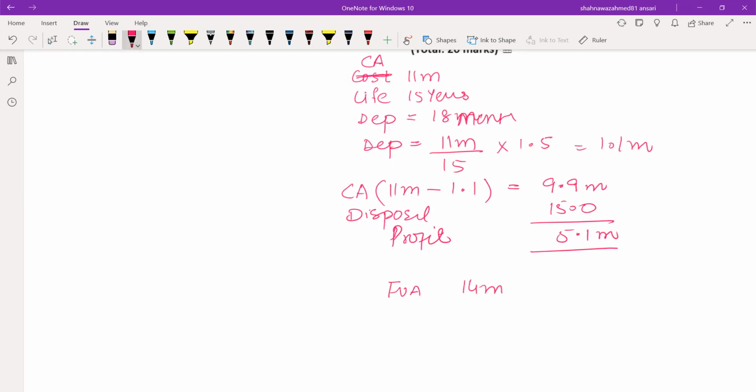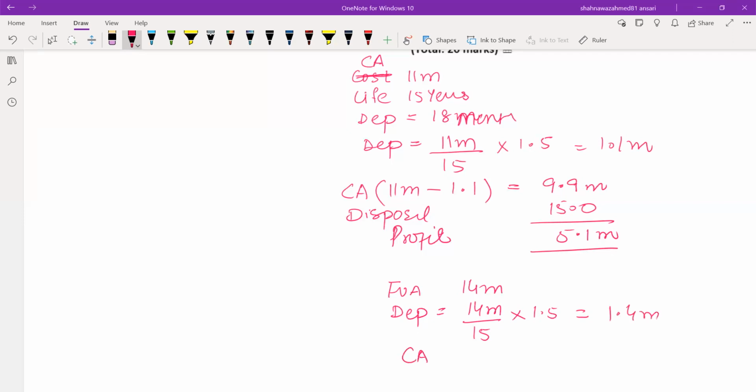Now we need to identify this from the perspective of the group, and the fair value was 14 million. Depreciation of 18 months, so its remaining life is 15 into 1.5. So the total depreciation is 14 million divided by 15 into 1.5, which is 1.4 million.